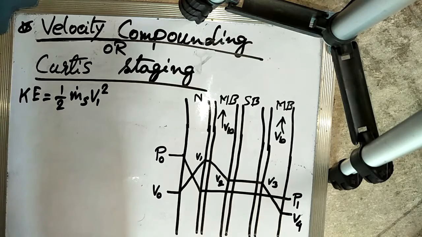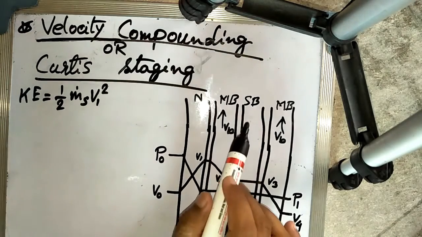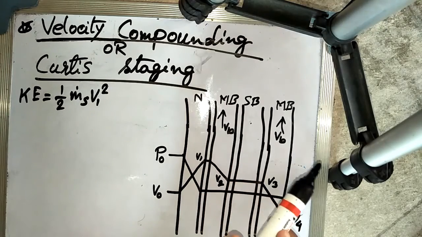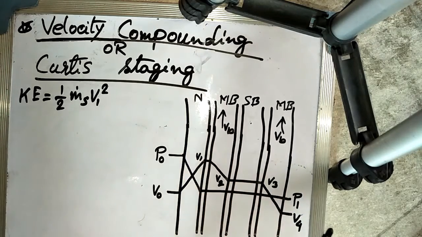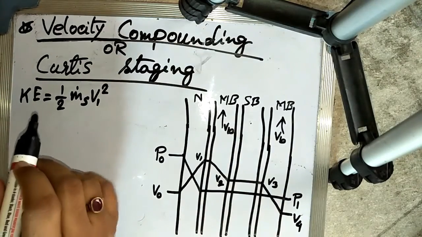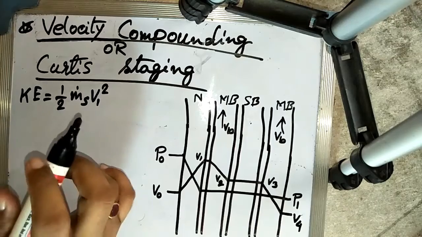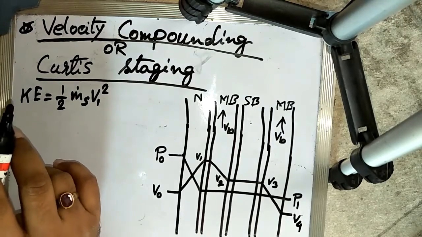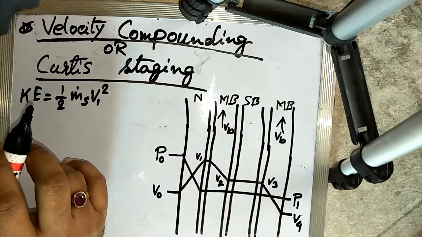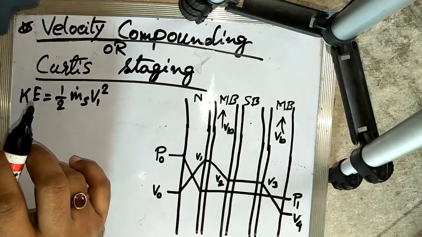Thus, exiting steam jets are then deflected by the stationary guide blades to the next row of moving blade, where part of the remaining kinetic energy, that is half m dot s into v2 square, is converted to shaft work. So it is the two row Curtis or velocity staging, having two rows of moving blade with one row of guide blade in between.